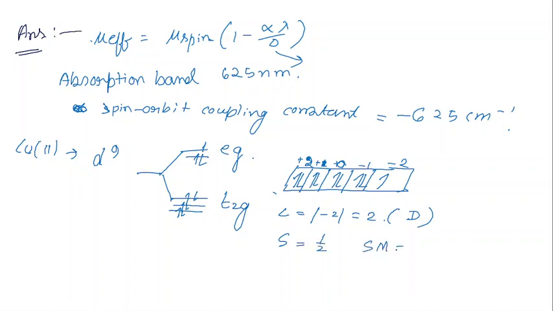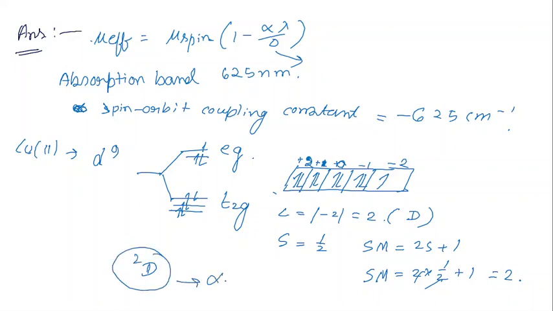Spin multiplicity is 2S plus 1, which is 2 into half plus 1, equal to 2. Now for T2, the alpha value will be 2 for D. I also don't know why alpha is 2 for D, but I can ask sir and let you know in the next class.